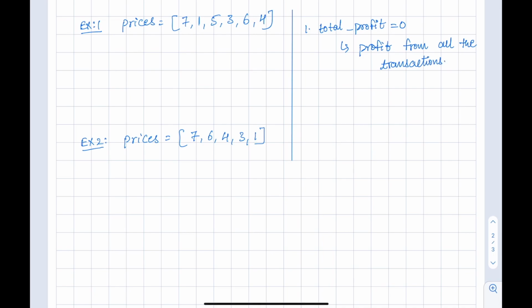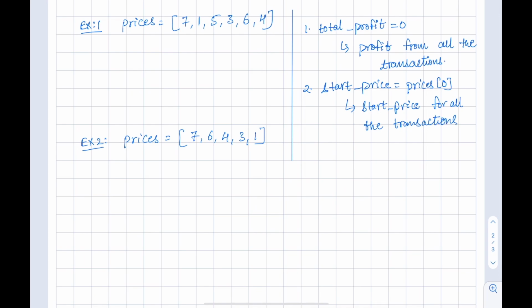The next one is my start price. I'm going to initialize this with prices[0], and this is going to be my start price for all the transactions.